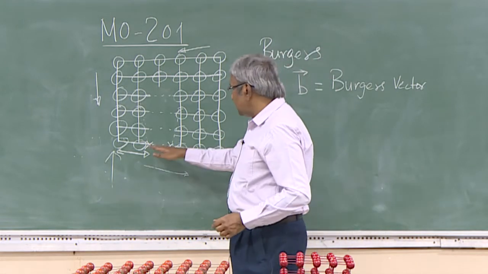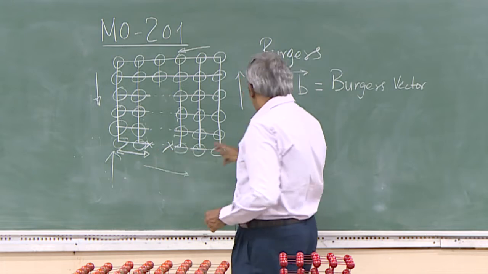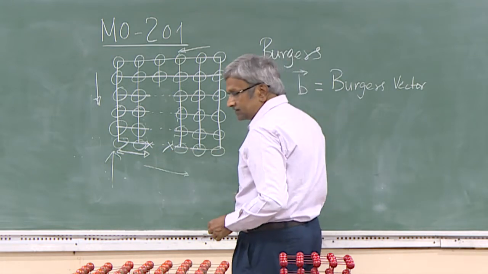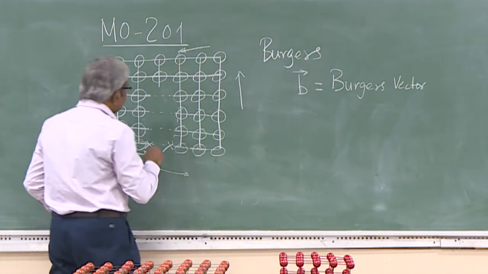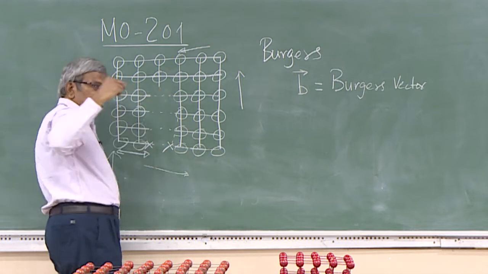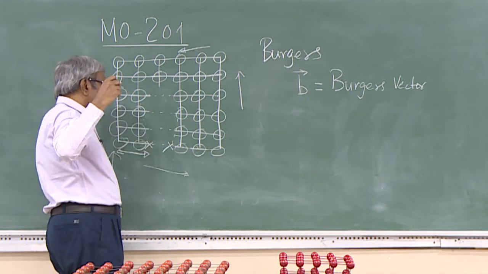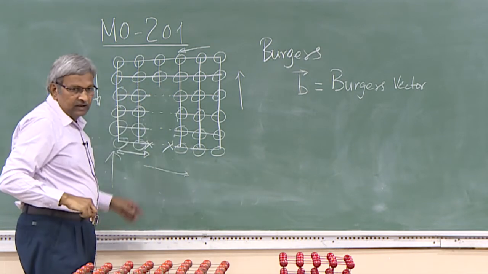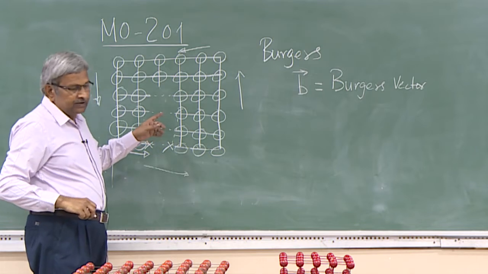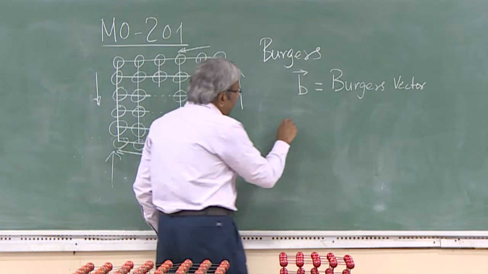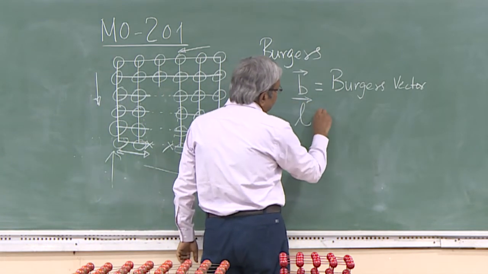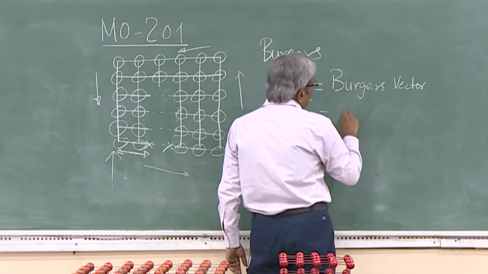So, you are able to see that there is a missing step known as the Burgers vector, and then there is a line of defects penetrating into the plane of the blackboard, and let us call that line vector the dislocation line.